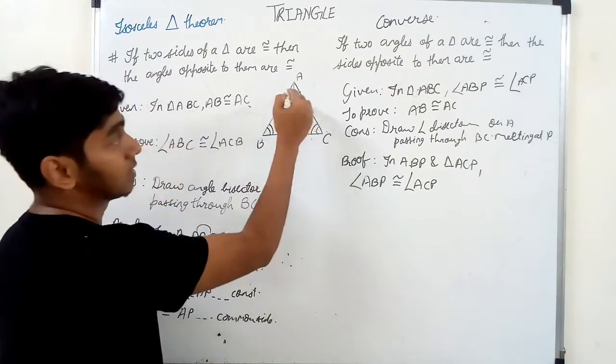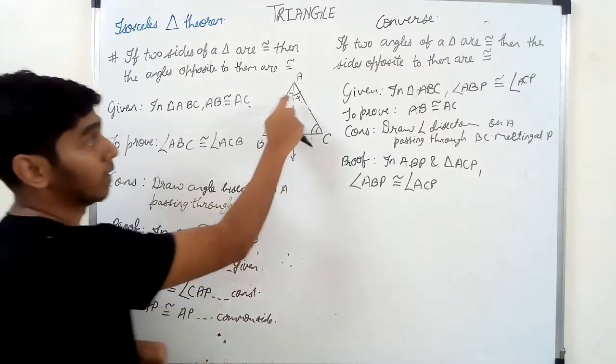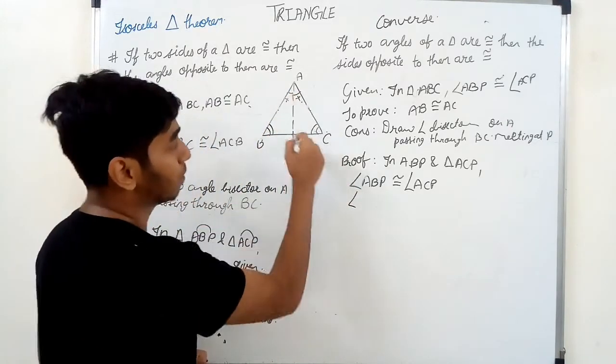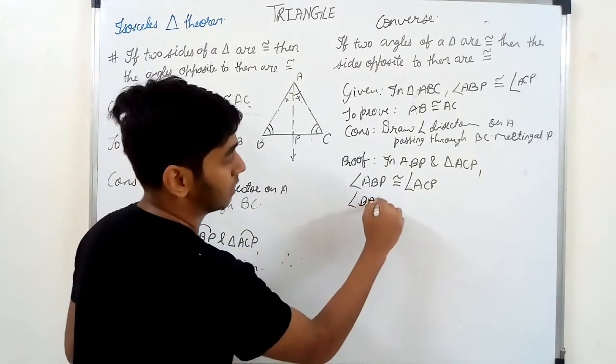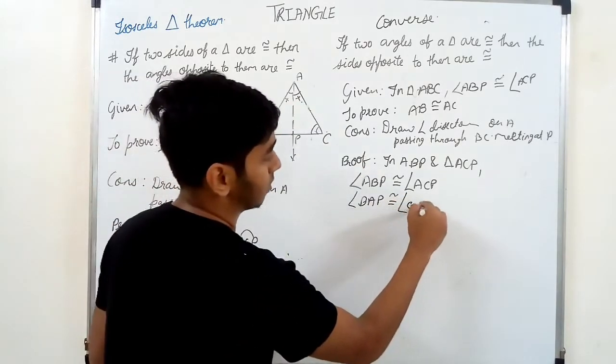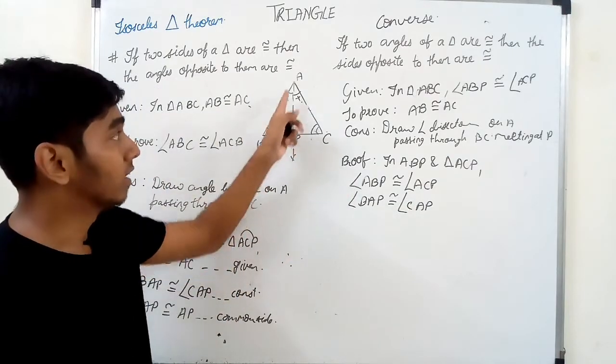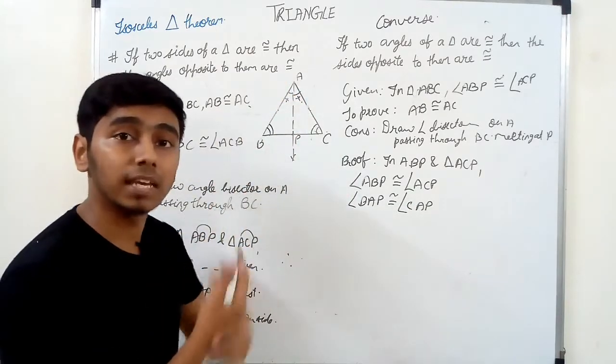And this is an angle bisector, so the same way like how we used here, we'll say angle BAP is congruent to angle CAP. Correct? Two angles congruent. Then we can say AP and AP, they both are same.